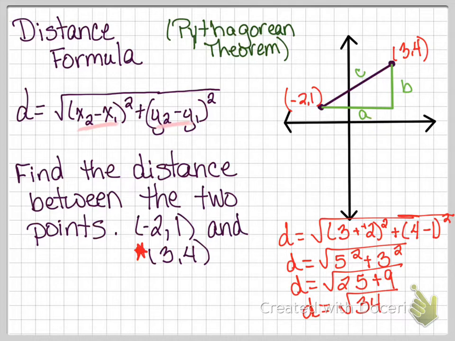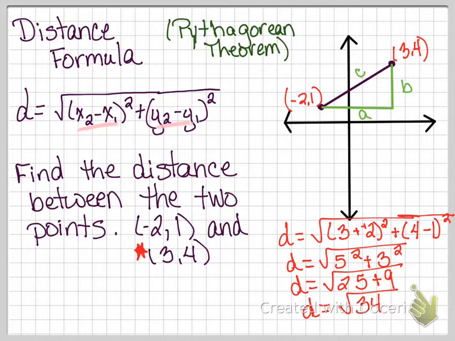Somebody said 4. 4 times what will give me 34? Nothing. Yeah, and it doesn't work. And that's okay. That's how we figure these out. The only thing this breaks down to is 2 and 17. 2 times 17 is 34. That's it. So this can't be simplified any further.